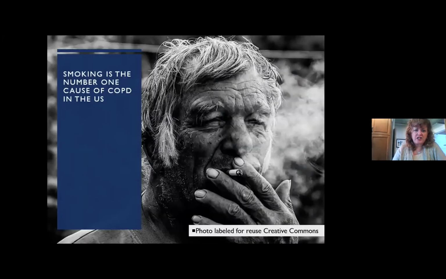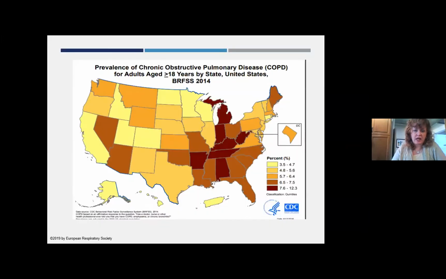In the United States, the number one cause of COPD is cigarette smoking. This map shows the current data for prevalence, with the darker states representing those with the highest rates of COPD.